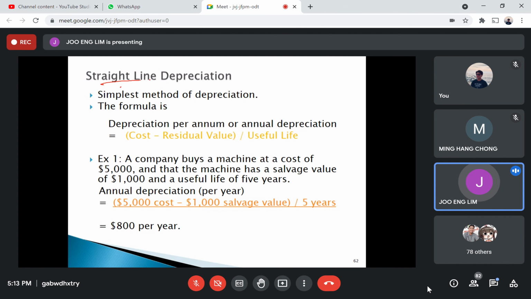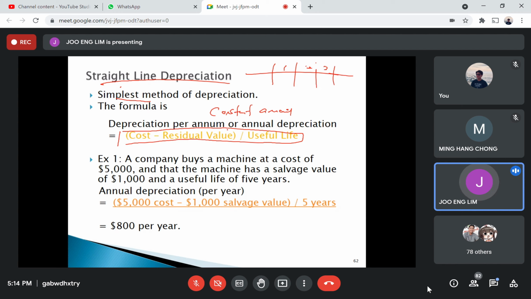So let's look at the first technique that's called straight line depreciation. It is simplest, and the formula is like that. Remember this formula. It is straight line. So you have a constant amount. Basically, we'll give you the constant amount, and this constant amount is per annum. Normally, if you prepare by year with regard to your asset, then it is per annum.